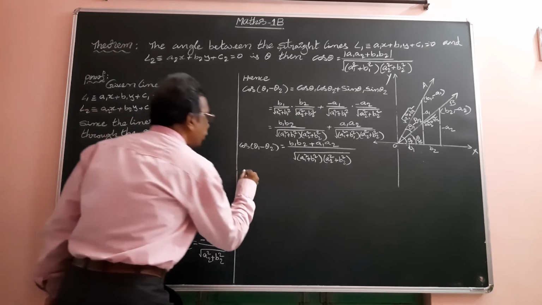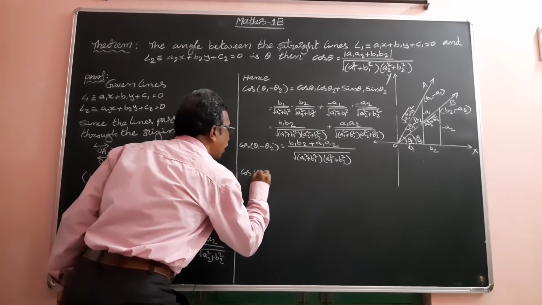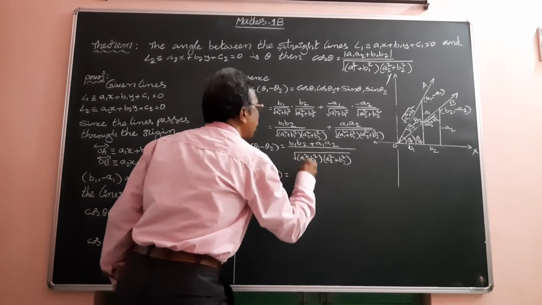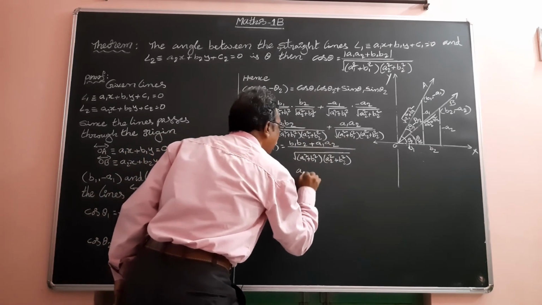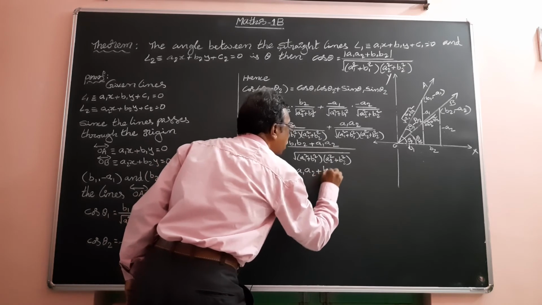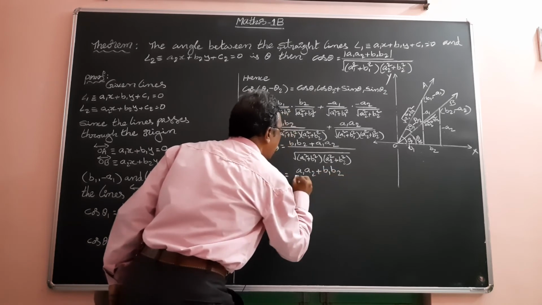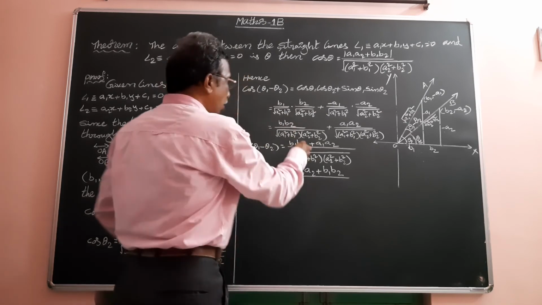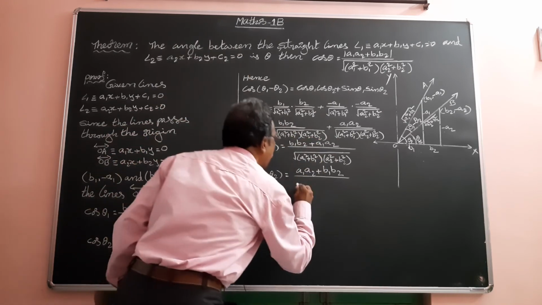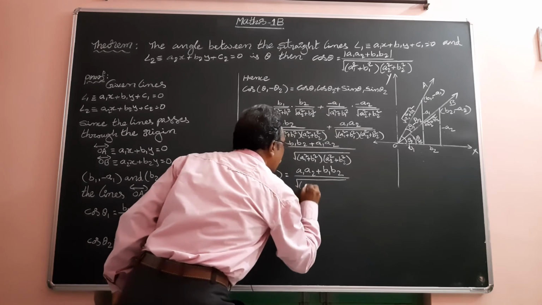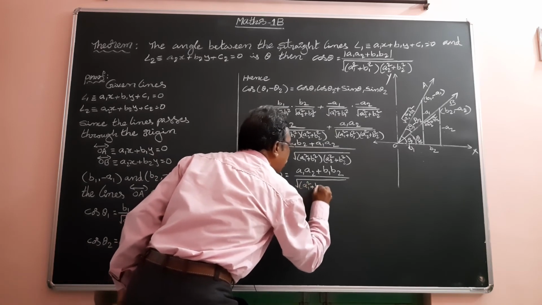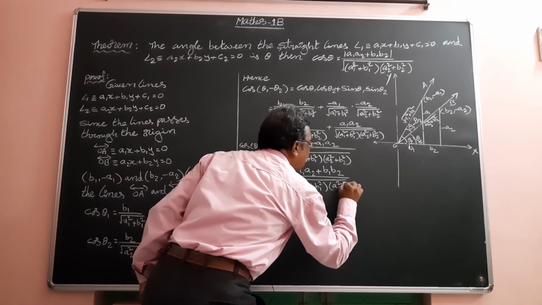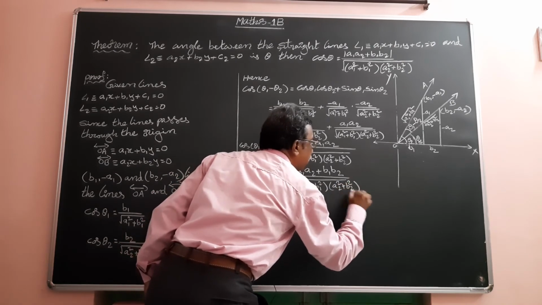So cos of theta 1 minus theta 2 equals a1 a2 plus b1 b2, by the square root of a1 square plus b1 square into a2 square plus b2 square.